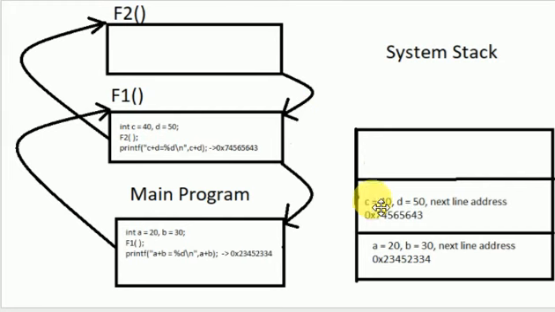Okay, this item will be pulled out from the system stack. From this stack you will know the address of the line from where the execution has to be started. From that line the execution will start and the variable values C and D values will be restored and it will complete the execution of function f1.